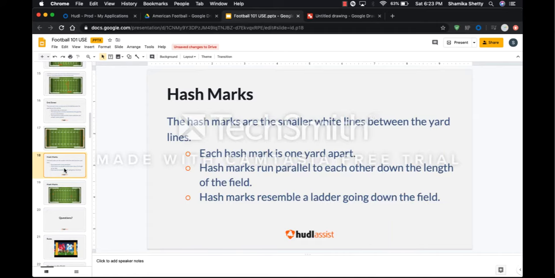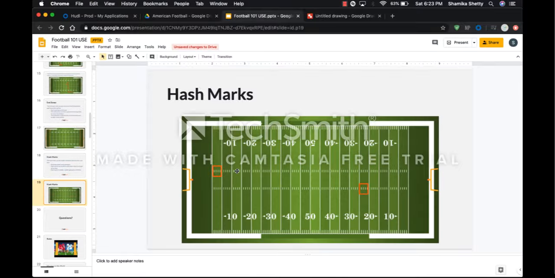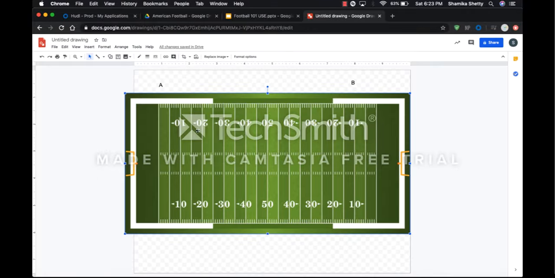So with hash marks, there will be 3 types: left, right, and middle. If team A is on the left, team B is on the right. Team A is moving from left to right in this direction.